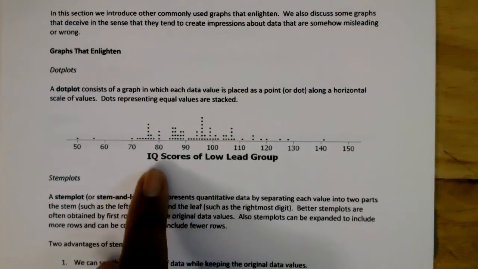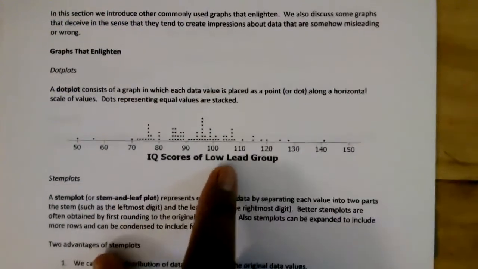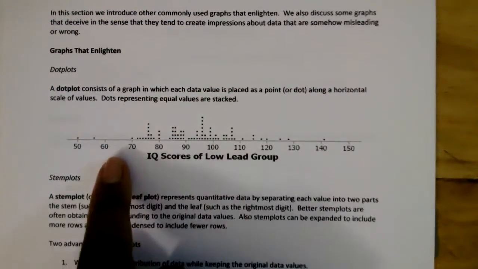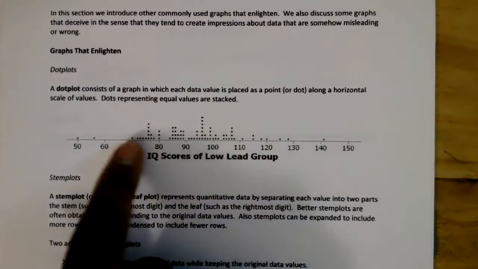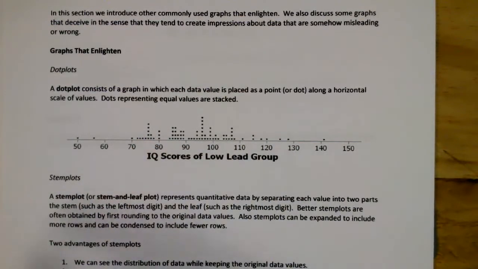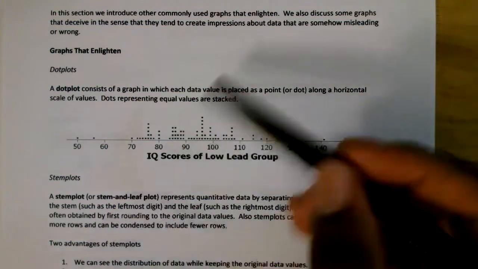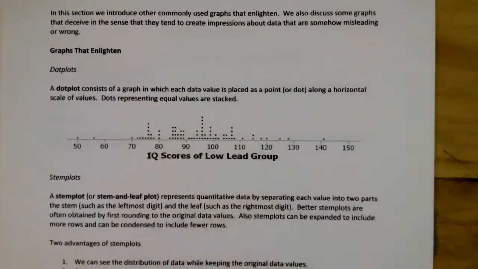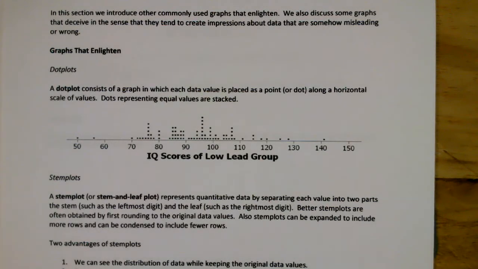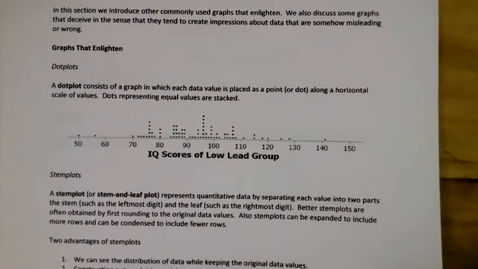So for the IQ scores of low lead group, here is what that dot plot looks like. So you can see dots are stacked on top of each other. That means that there is a data value that occurs more than once. Okay, so that's what a dot plot looks like, and do be familiar with what that dot plot looks like and what it is.